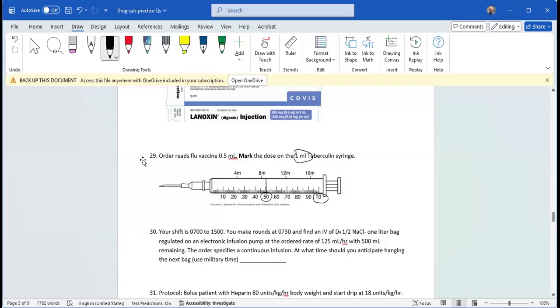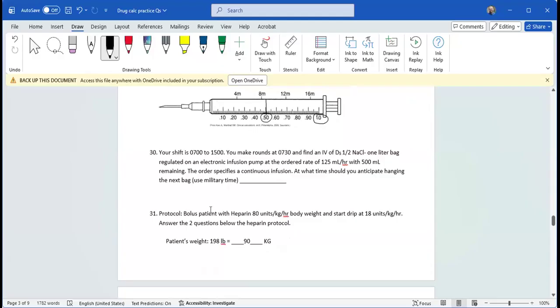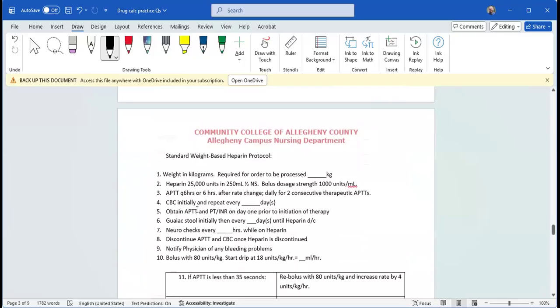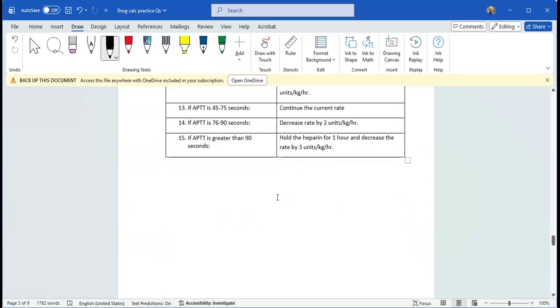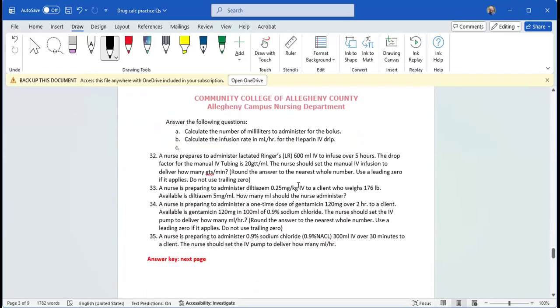Okay. Yeah, like I said, the only thing that was not necessarily new, it's just reminding you, with the heparin, and then realizing that this is a whole protocol. But if you feel good about that, then that's fine. I'm not here to tell you it's any different. It's going to be the same types of questions where they're going to ask you two questions.